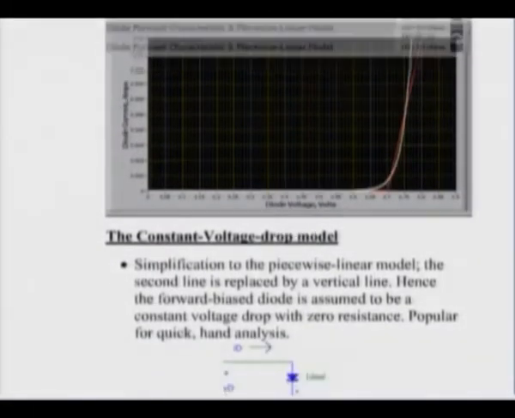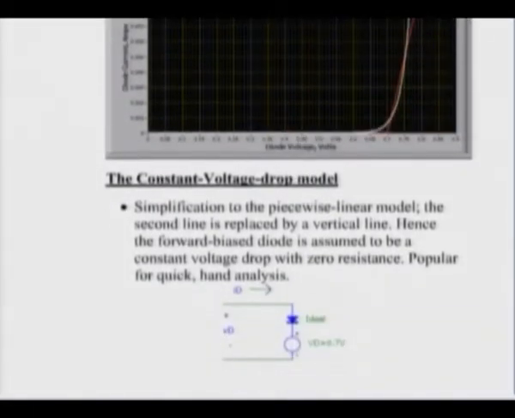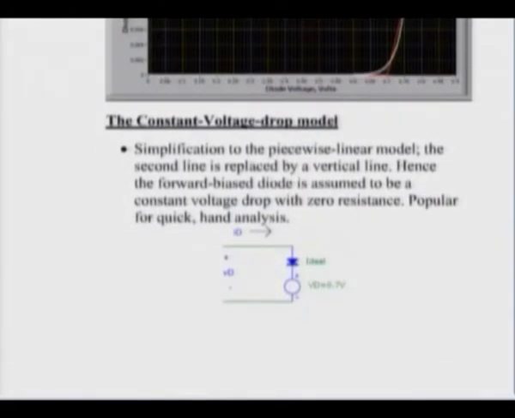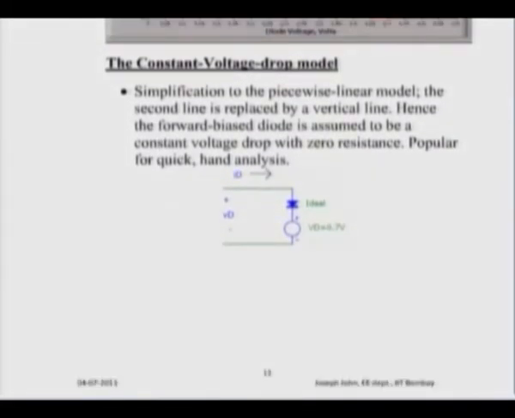Now you have another model which is called the constant voltage drop model. Here you would assume that the diode is essentially an ideal diode, so once it conducts in the forward region, it has a constant voltage drop of 0.7 volts, and there is no series resistance.